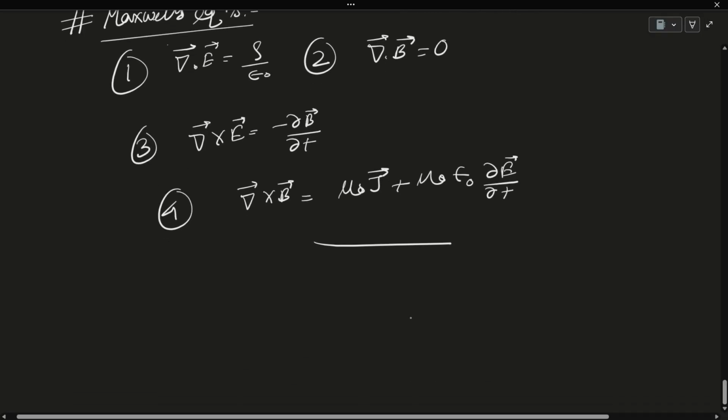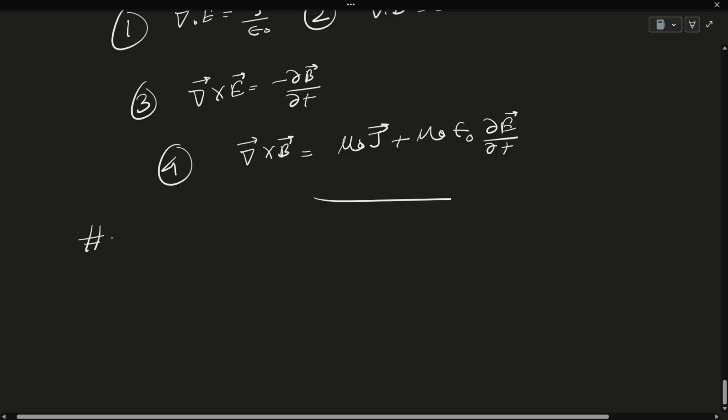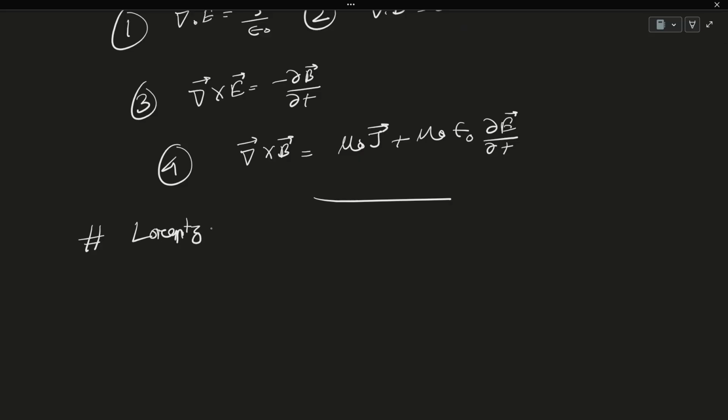Besides these, I have already told you about the Lorentz force law. I am not going to discuss this in a broad manner, I am just going to write it down, because we all know what the Lorentz force law is.